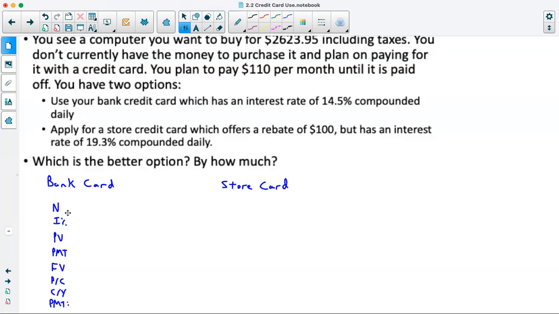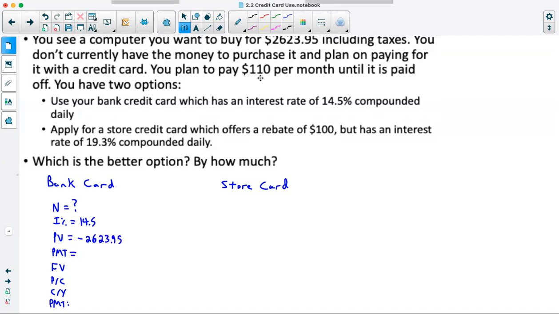Going through it for the bank card, we don't know our N, so we'll be solving for that first. Our I for the bank card is 14.5%. Our present value would be how much the computer costs, so negative $2,623.95.